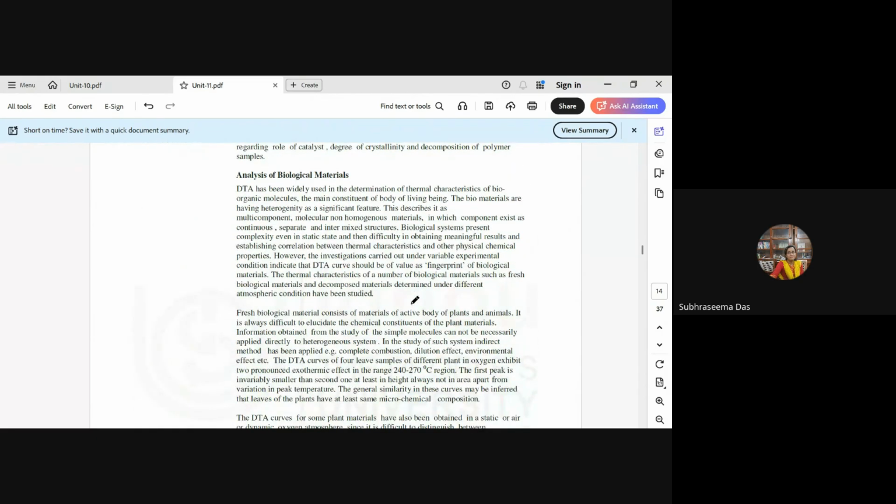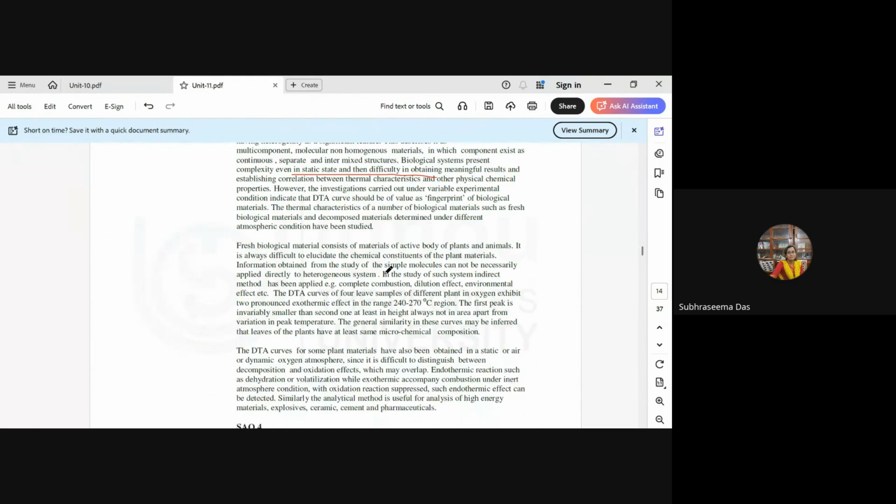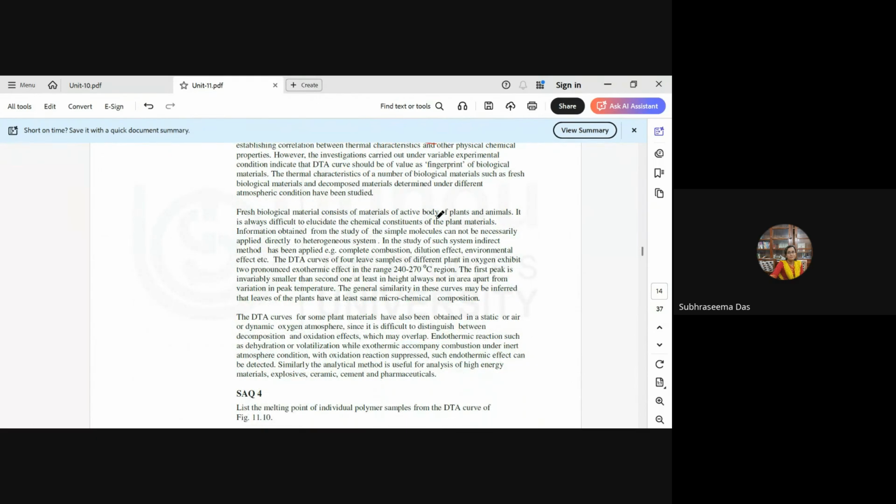DTA has also been used in the analysis of biological materials. So what are the biological materials? It has been used for multi-component molecular non-homogeneous materials; biological systems, even in a static state, have also shown meaningful results in DTA. Fresh biological material consists of materials of the active body of plants and animals.